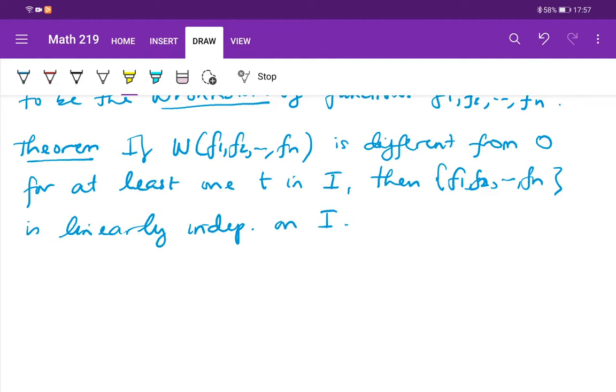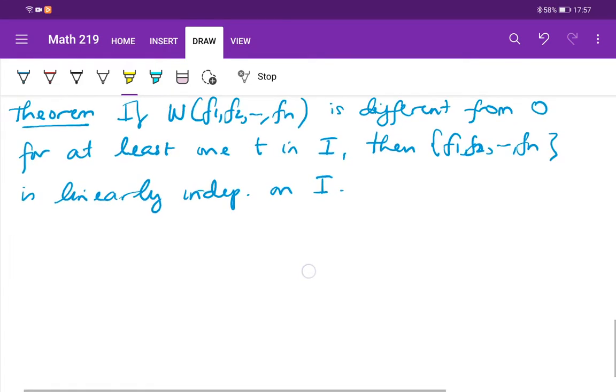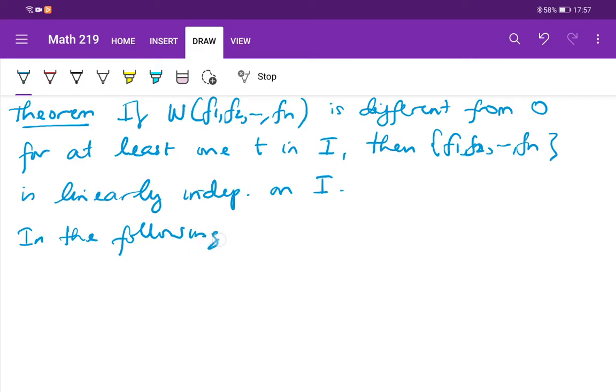So let me state the following. In the following section, we will want to consider families of vector-valued functions.